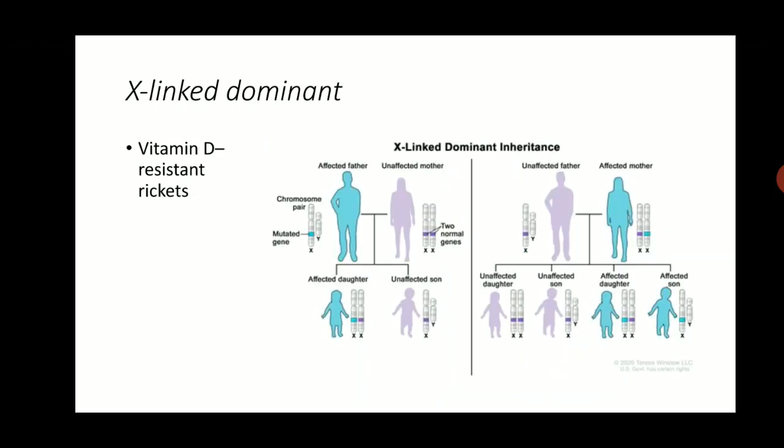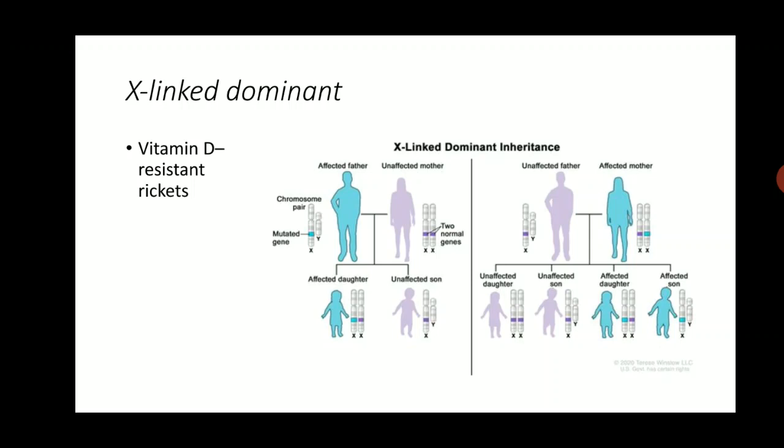X-linked dominant disorders are very rare. The best example is vitamin D resistant rickets. In this picture also, two possible scenarios are depicted. On the left hand side, the father is affected and the mother is normal.